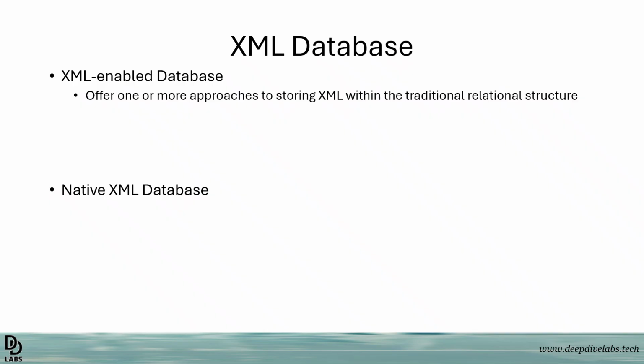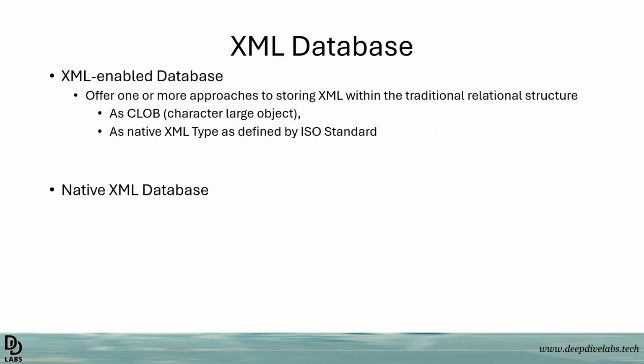You can create columns with the XML data type. One example is representing your XML as a character large object, or CLOB, or as a native XML type defined by the ISO standard, or as XML shredded into a series of tables based on the schema. That is another way in which you can have a database that supports XML format.